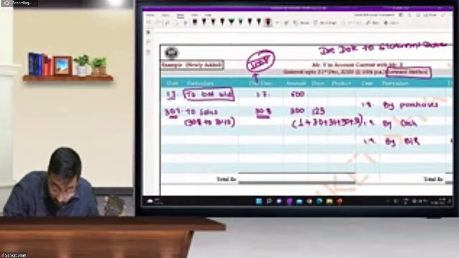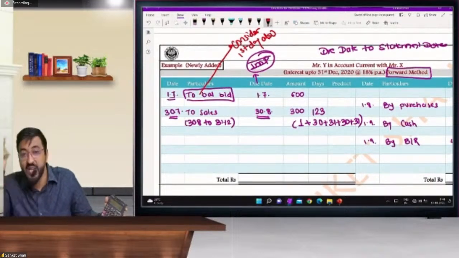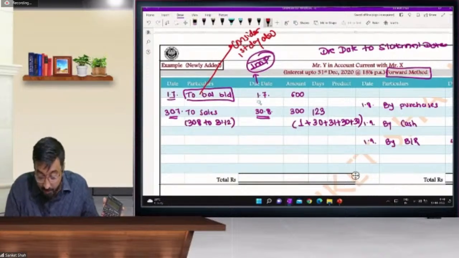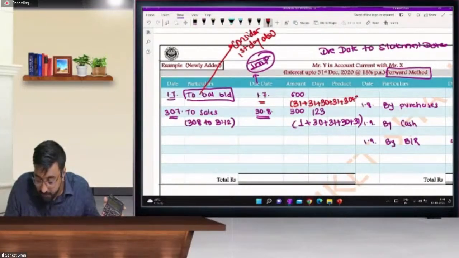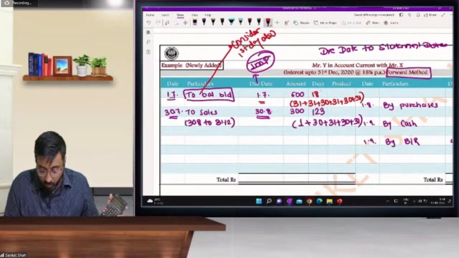So here, very, very important: consider the first day also for to balance brought down. For to sales, don't consider. So whenever it is to balance brought down, you have to consider the first day, meaning 1st July also. So 31 for August, 31 September 30, October 31, November 30, December 31, which gives 184.